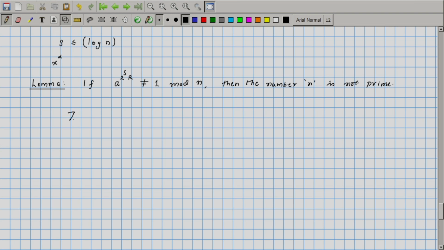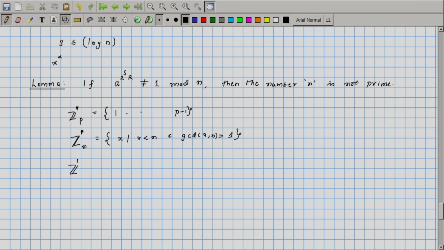Well, we define the set z star p consisting of all elements from 1 to p minus 1. We could also write the set z star n for an arbitrary number n, which consists of all x such that x less than n and GCD of x and n is equal to 1. So, take all the numbers which are relatively prime to a number and collect them in a basket and allow the multiplication operation to be mod n multiplication. You can check that that will indeed form a group.